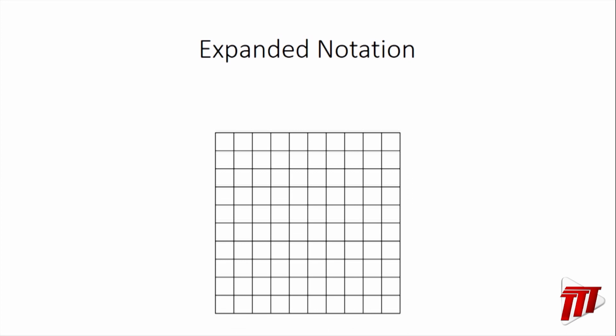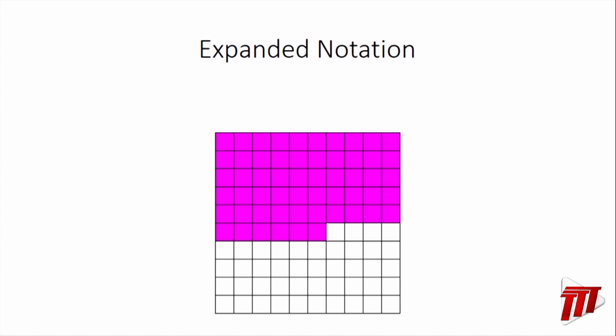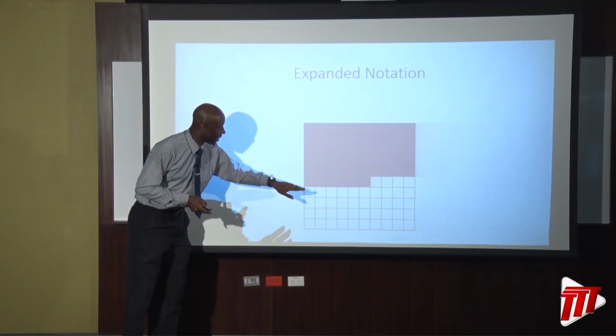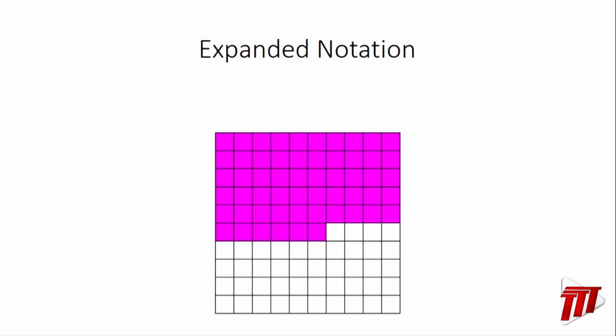So we have our whole. Our whole is divided into 100 equal parts. 56 hundredths would be 56 hundredths shaded. Remember that for every 1/10, there are 10 hundredths.